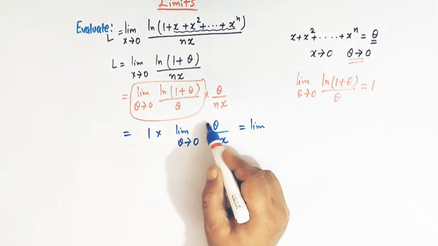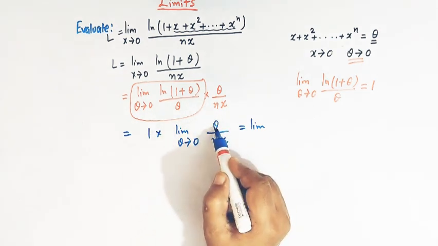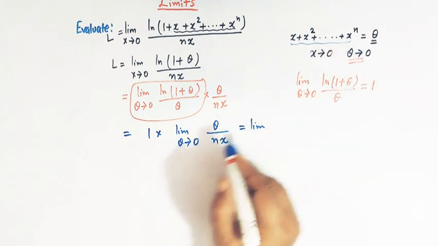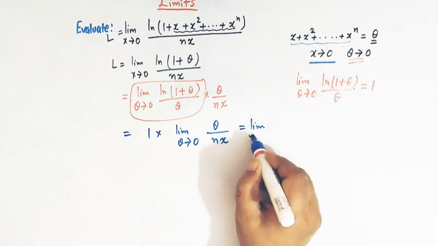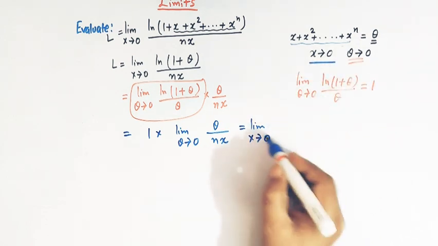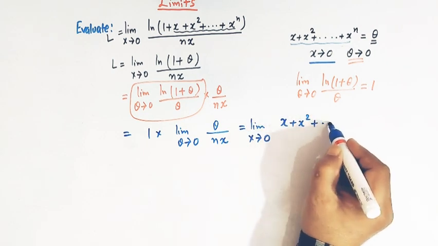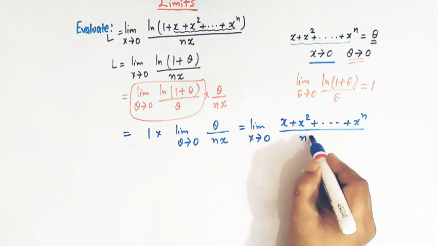Now let us change this expression again in terms of x by replacing theta by this term. We can replace theta tends to 0 by x tends to 0. So we have x tends to 0, and theta is x plus x square up to x raised to n, and here we have nx.